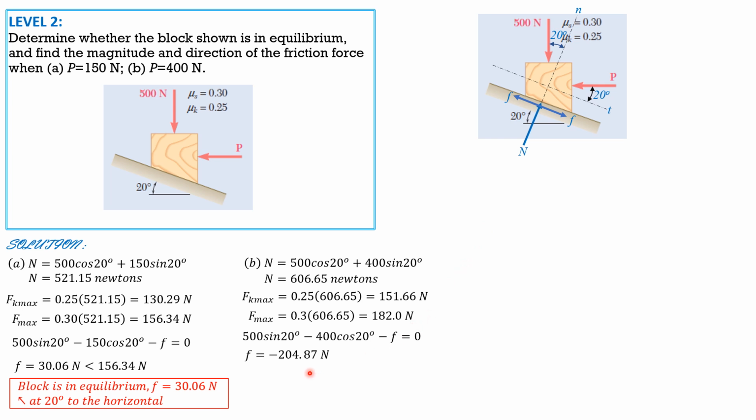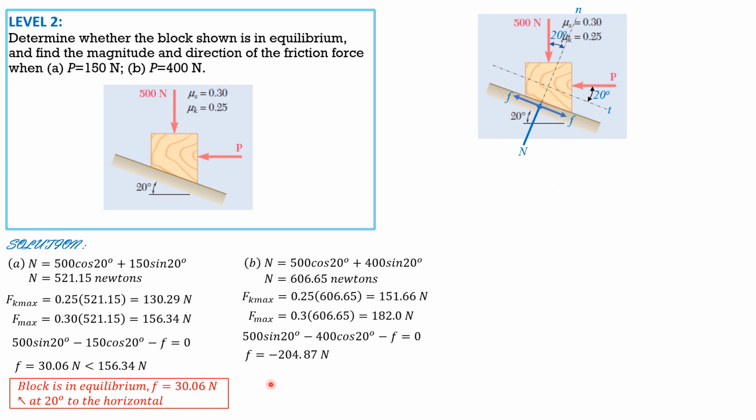Which is 182.0. So since 204.87 newtons is greater than the maximum frictional resistance, it means that the block moves or slides. Because the block slides upward, friction is going down.